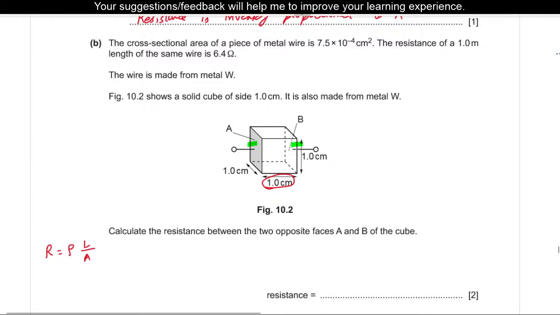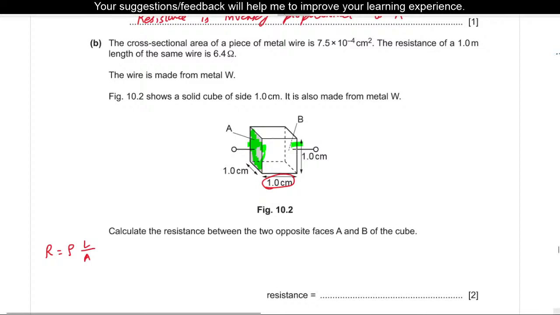Area of cross section: this area will be needed. This area will be equal to 1 centimeter multiplied by 1 centimeter. But we don't know the resistivity.